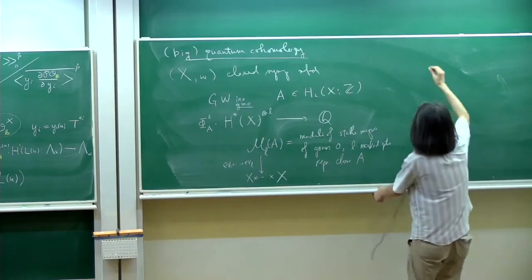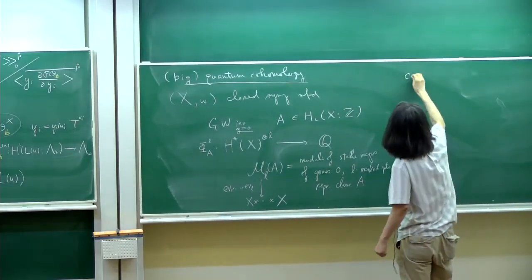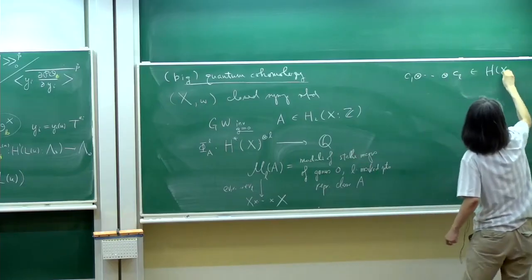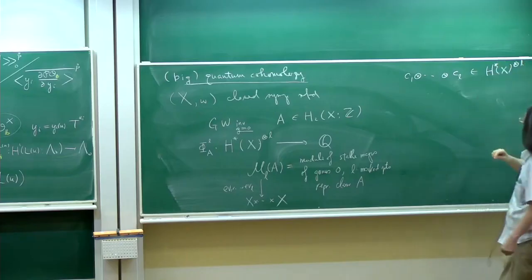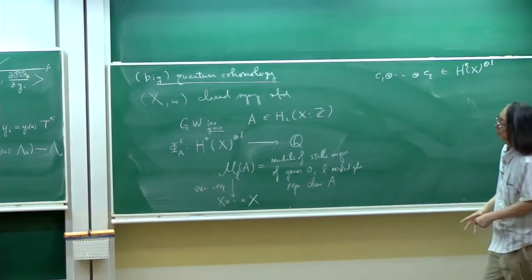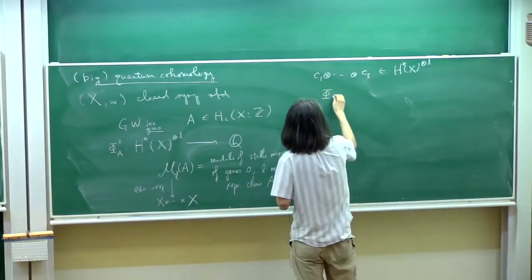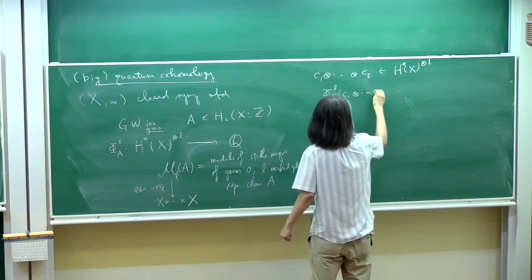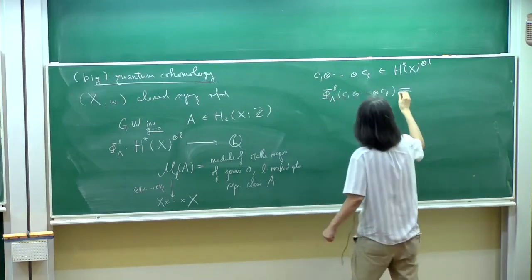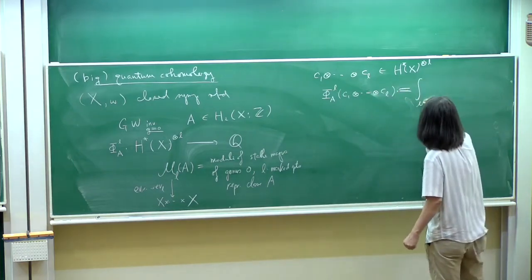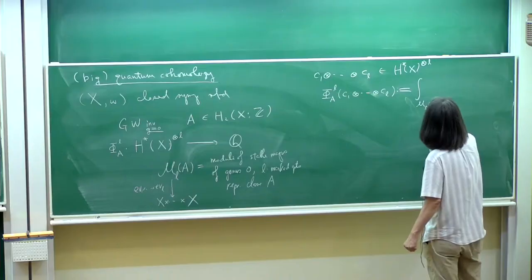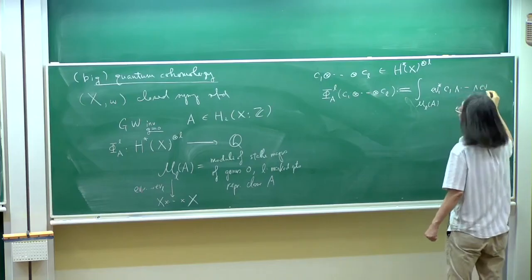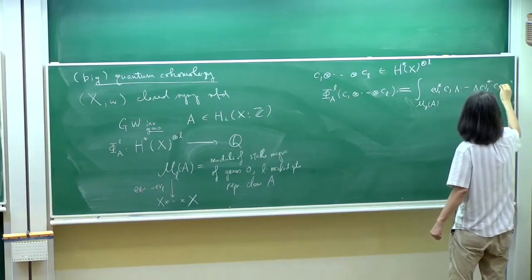So then if you take any element like C_1 through C_L from this L-fold tensor product of cohomology, we may define phi_A of L of C_1 through C_L to be the integral over M_A of the class f_1 star of C_1 through f_L star of C_L.